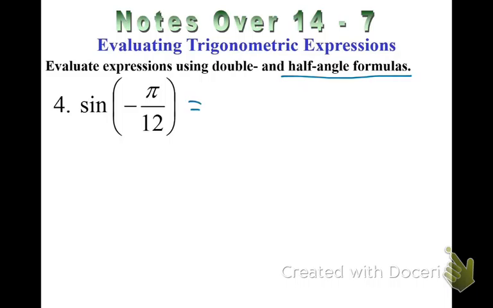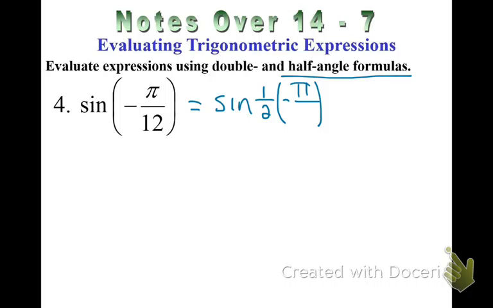This is going to be equal to the sine of 1/2 times pi, and this one's going to be, since it's negative, we'll bring it in, pi over what? 2 times what gives you 12?